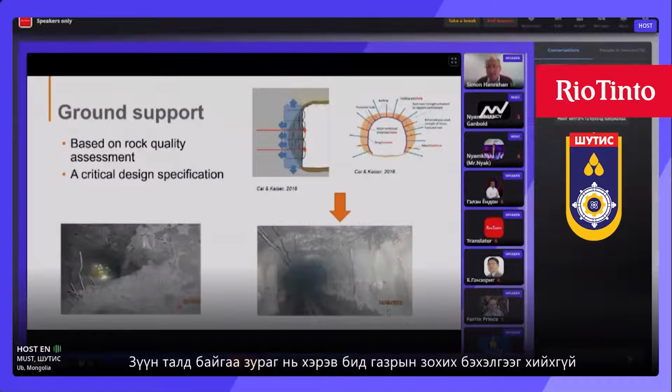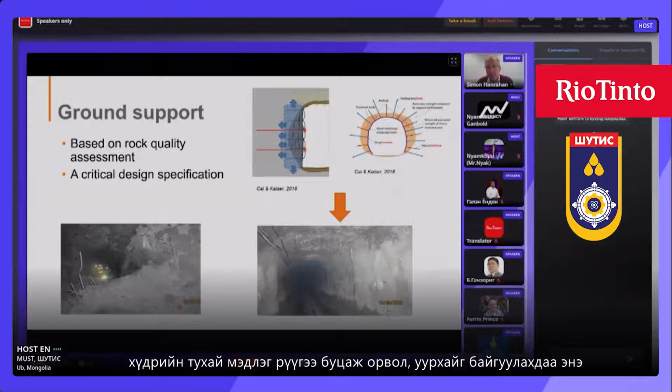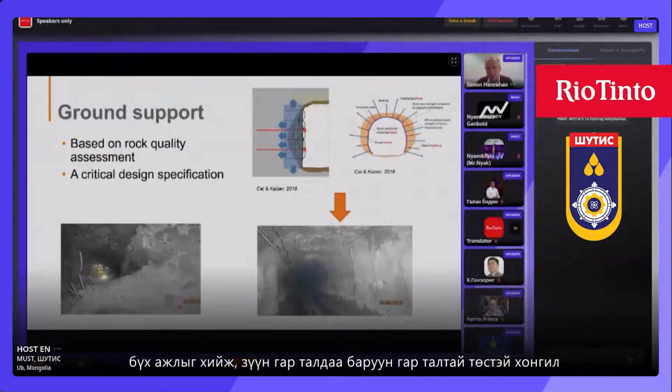The figure on the left-hand side is illustrating what happens if we don't put in adequate ground support. So you can see here there's been some form of ground failure, which has resulted in the failure of the sidewall and part of the roof there. So again, going back to the ore body knowledge that we gained earlier and the design work we do, all of that work is really put in place to get a tunnel that looks like the right-hand side and not like the left-hand side.